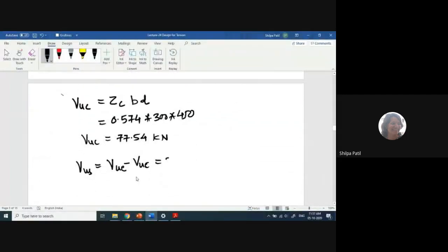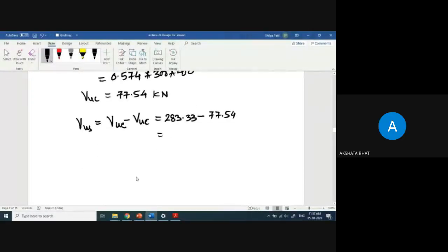So this is 283.33 minus VUC, which we have calculated as 77.54. What is the value we are getting here? 205.79 kilonewton. Okay. What is the next step now?